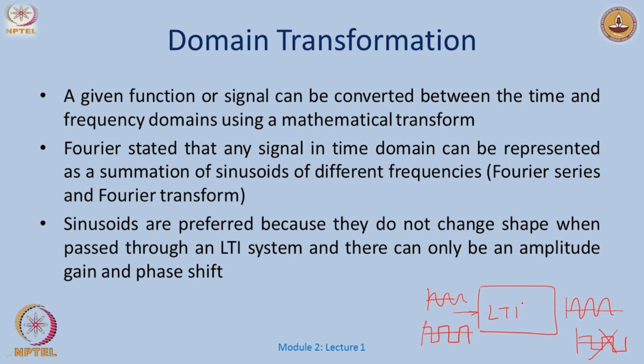Only thing is, if this is sin(omega t) with a magnitude a, this guy could be with some other magnitude sin(omega t plus some phi). Okay. That depends on what is sitting inside this LTI system, but the frequency remains the same, right. This does not change. Okay.